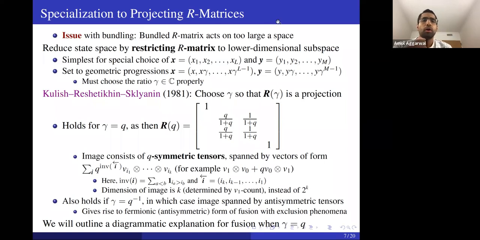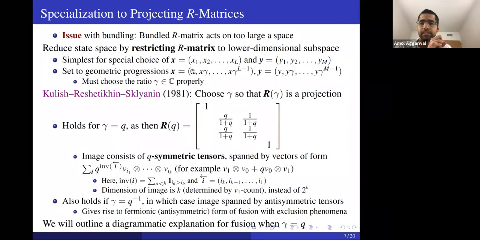Okay, so to construct the space, one has to make a few choices. This is simplest to set up for special choices of the parameters x and y. The easiest one, or at least the one I'll describe in this talk, is to set x and y to be geometric progressions with ratio gamma.